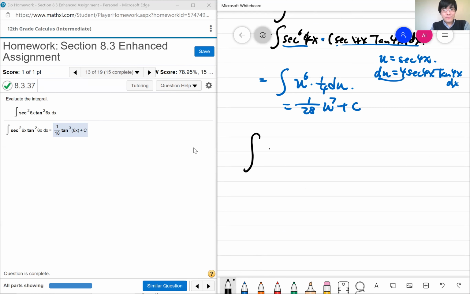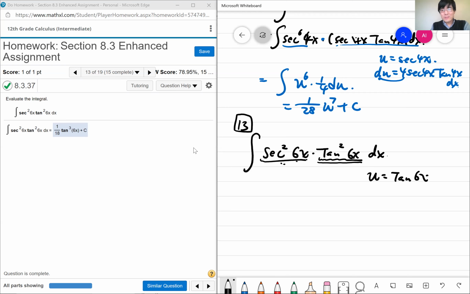Next one, you have 2 secants and 2 tangents. What should we do with this? Well, this is the same as problem number 11. You have a tangent and the derivative of tangent here. Since there is an expression in tangent times its derivative, well, this is simple. So let u be equal to tangent 6x.